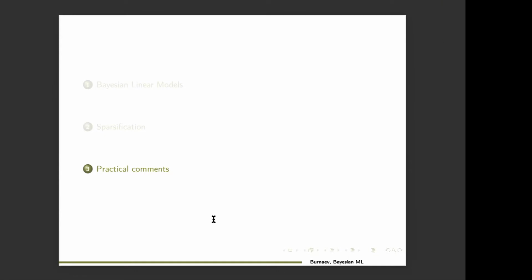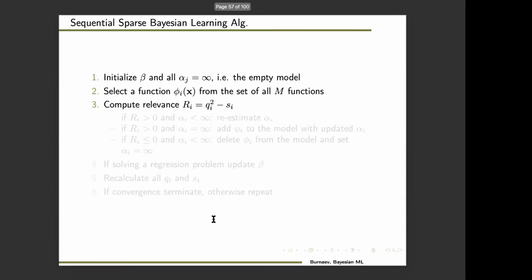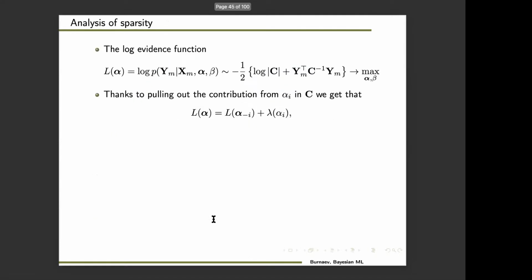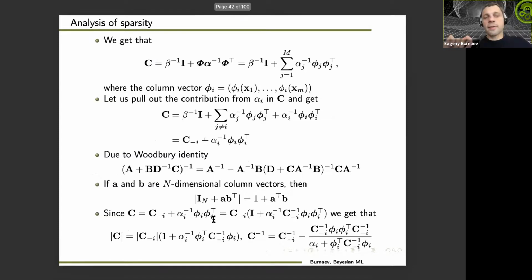But this C_{-i} differs from C by a rank one addition, and in this case, there are some simpler formulas. Yes, this is true. Of course, when we calculate all these inverses, we should use these formulas because this helps.